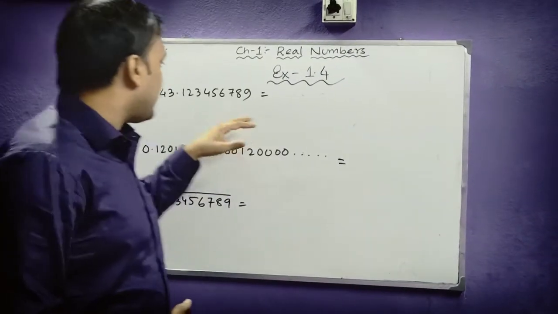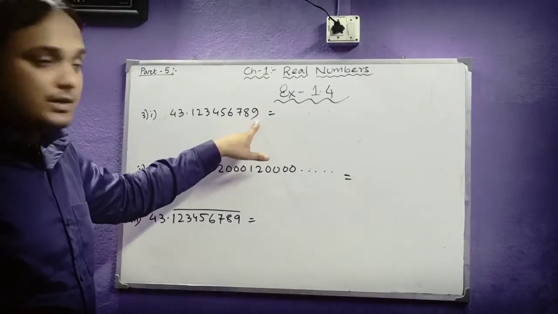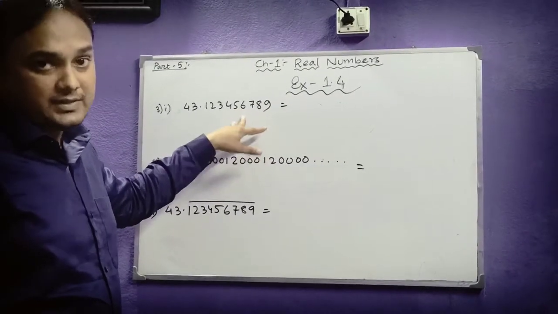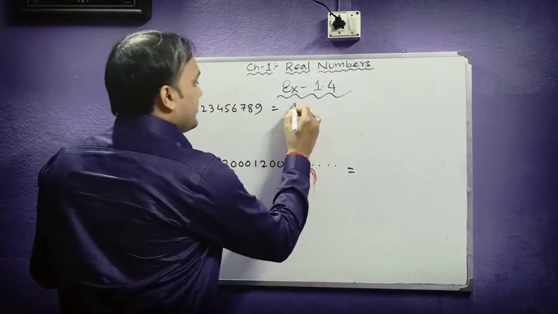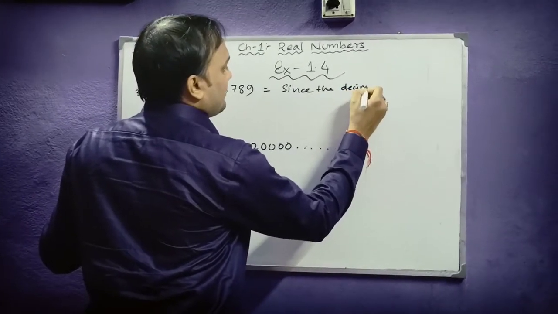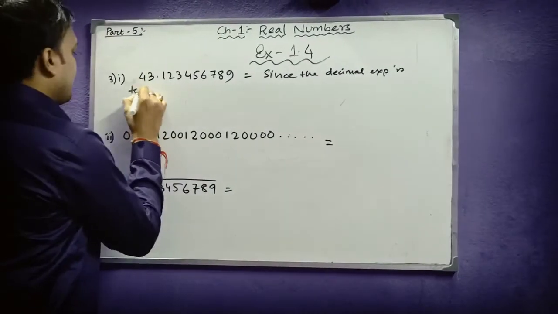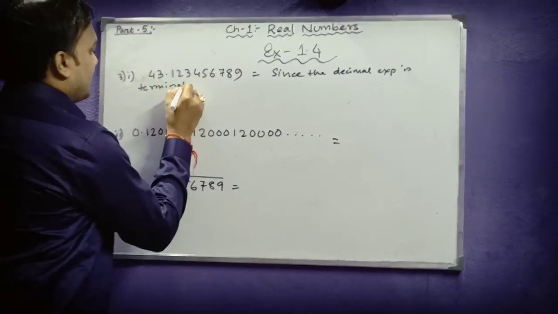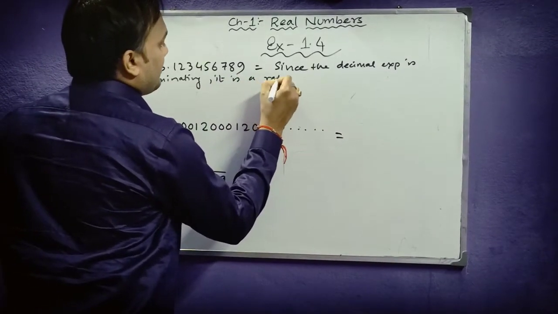43.12345678. Here we see that the decimal expansion is terminating as it is ending here. So definitely, if it is terminating, it is a rational number. So we will write here, since the decimal expansion is terminating, it is a rational number.